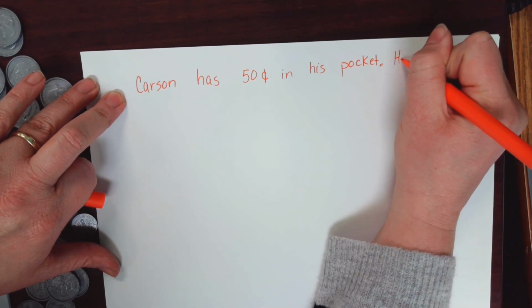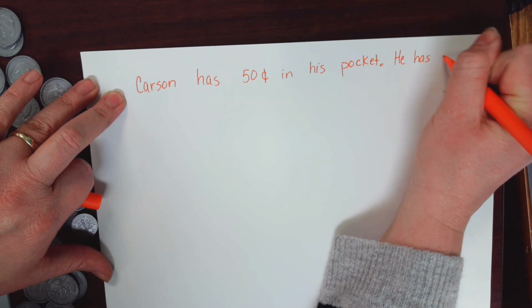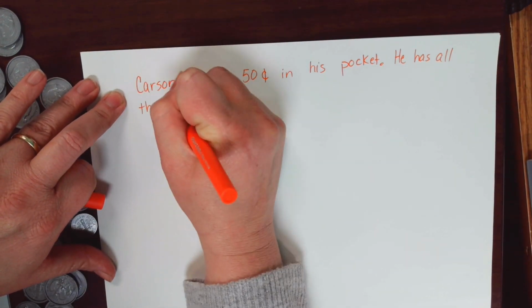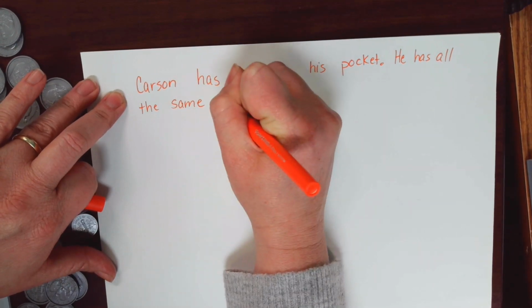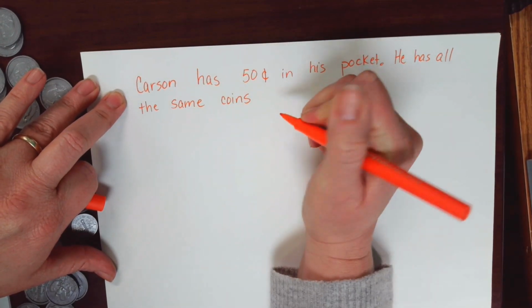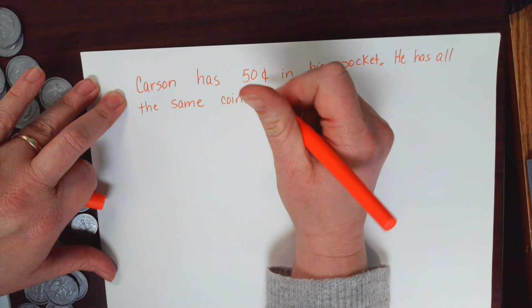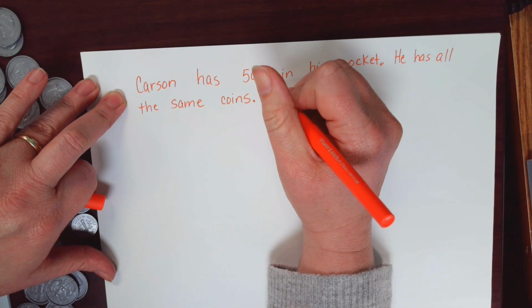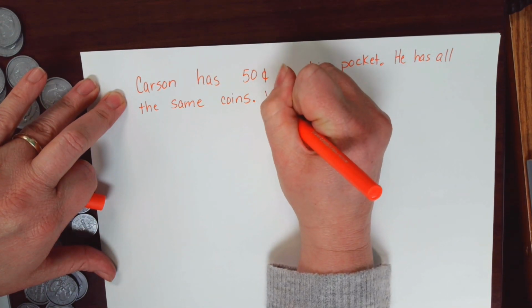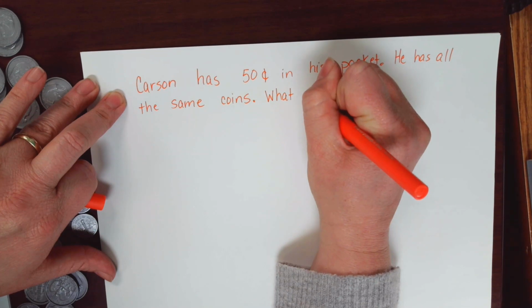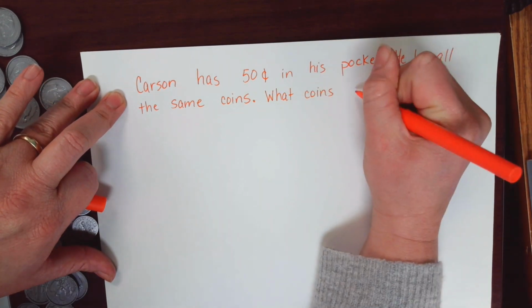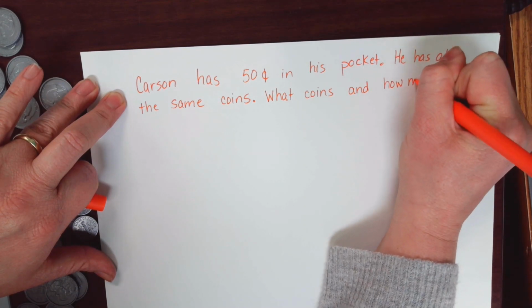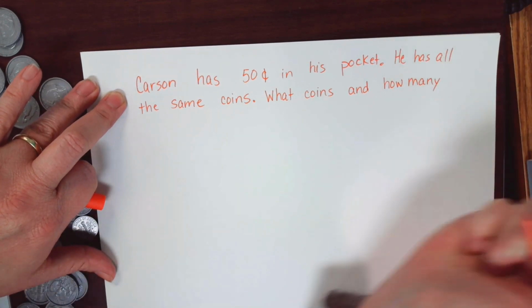He has all the same coins. Period. So what coins could he have? And how many of those coins does he have?